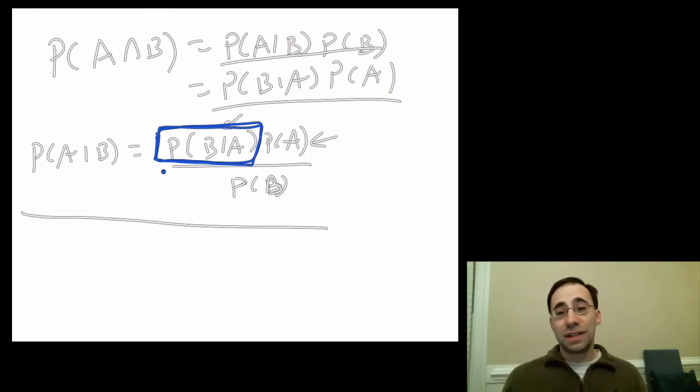In that way, it's very similar to our notion of classical probability, where you divided the number of ways A could happen by the number of ways anything could happen. Here we're taking the probability that B happens given A times the prior belief of A, divided by the chance that B happens for any reason at all, not just if A happens. So it's a similar character.